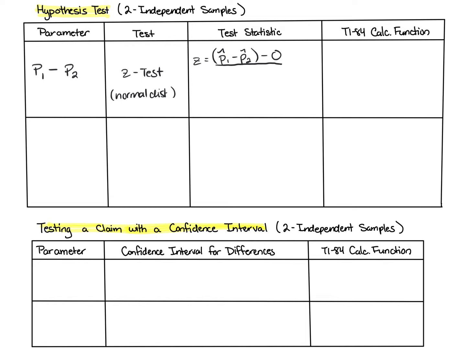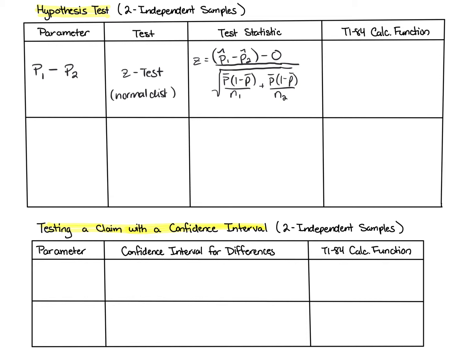And then we take that numerator and we divide it by the pooled values of your sample proportion. So that's what P bar stands for, P bar times 1 minus P bar all over the sample size of the first sample, plus P bar times 1 minus P bar all over the sample size of your second sample. So that's how you would calculate the test statistic using the formula.